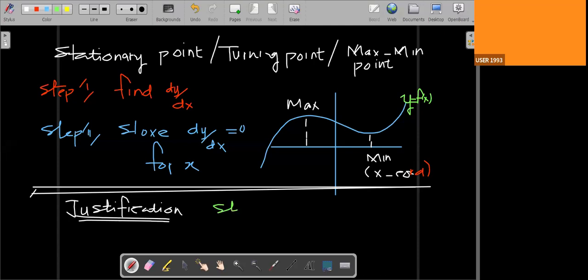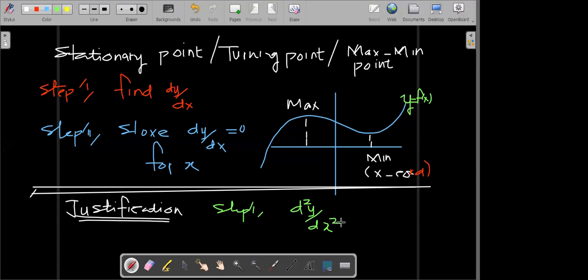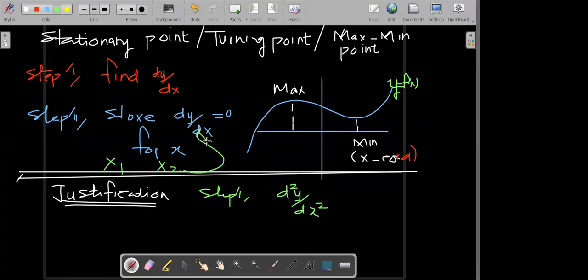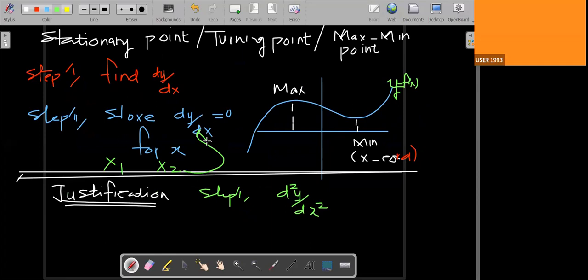Justification step one is, you find the second derivative, d squared y over dx squared. So we need to decide, suppose you got 2 answers, x1 and x2 here, whether x1 gives a maximum or minimum, whether x2 gives a maximum or minimum.